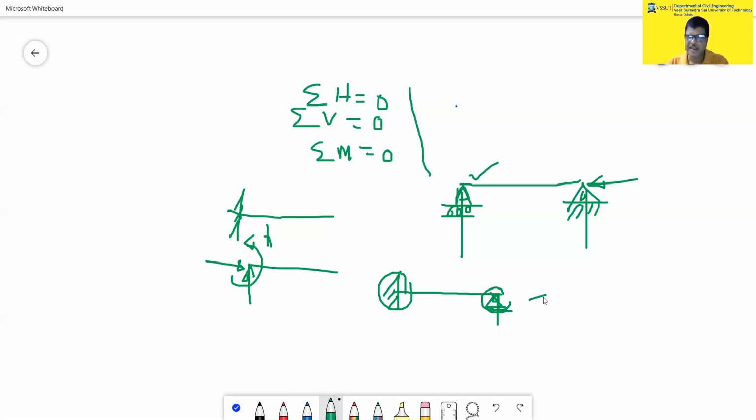If you draw its free body diagram, the fixed end will be replaced by a vertical reaction, a horizontal reaction and a moment, and at the other end you get a vertical reaction. Now the number of unknowns is 4 here, and you have 3 equations. So this is statically indeterminate to degree 1, that is, one degree of static indeterminacy.